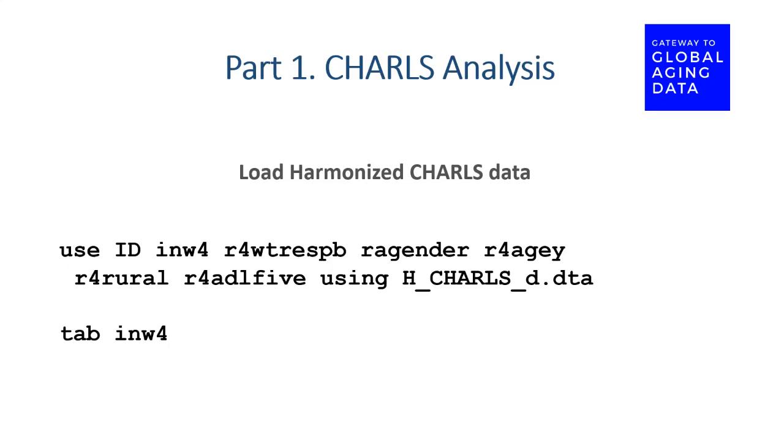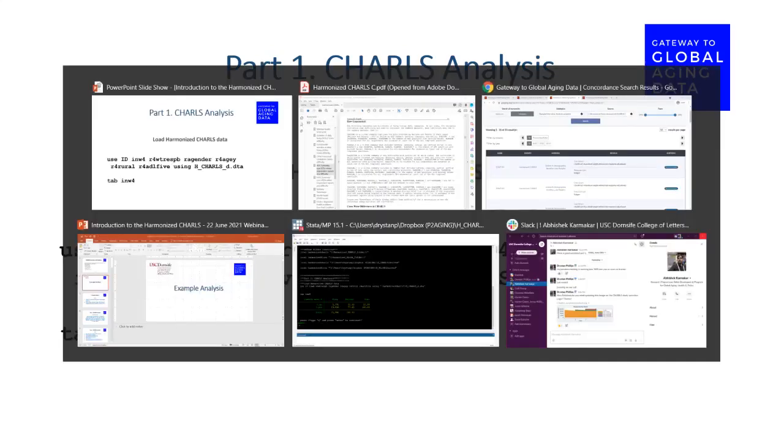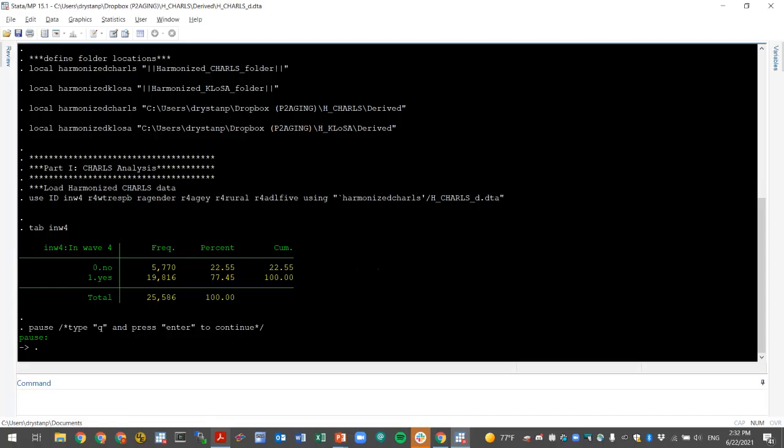We're going to pull out these variables, and I'm going to jump over to Stata so we can walk through this. I've pulled out these variables. You can see that at wave 4, 19,816 individuals participated in CHARLS. There are also a little over 5,000 people who didn't participate.